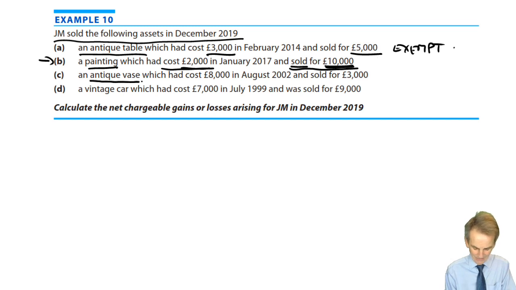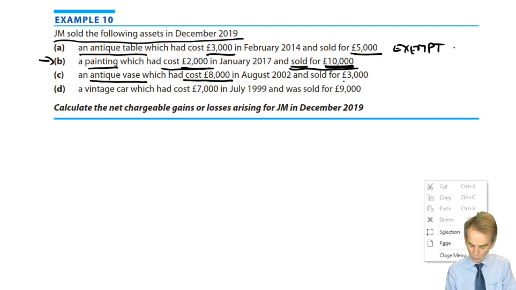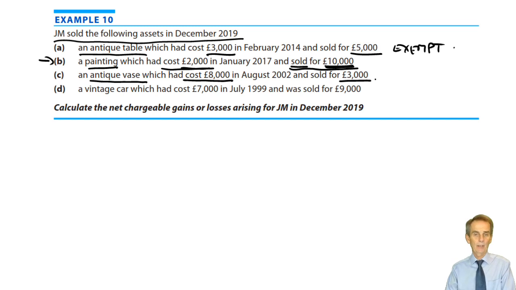Next one, an antique vase. Again, remember, in the exam, we've got to pick up that that is a chattel. Which had cost £6,000, that's more than 6. Sold for £3,000, that is less than 6.